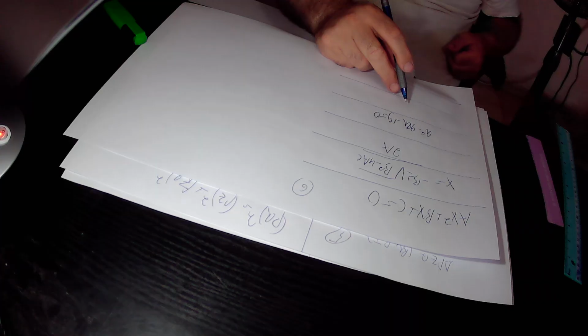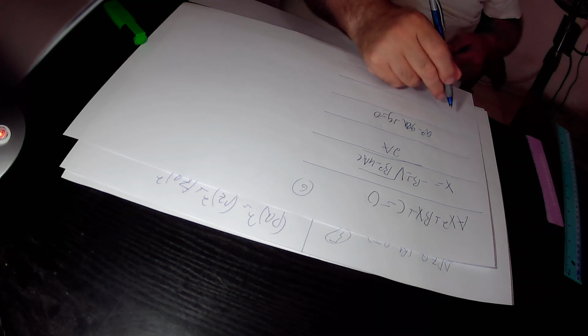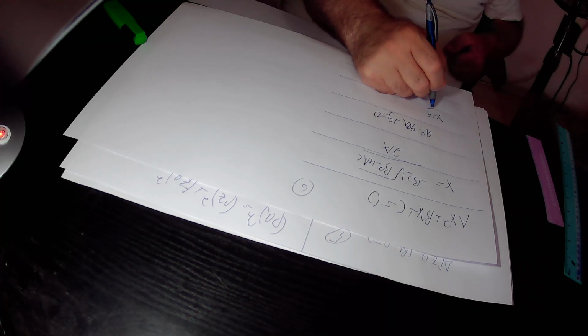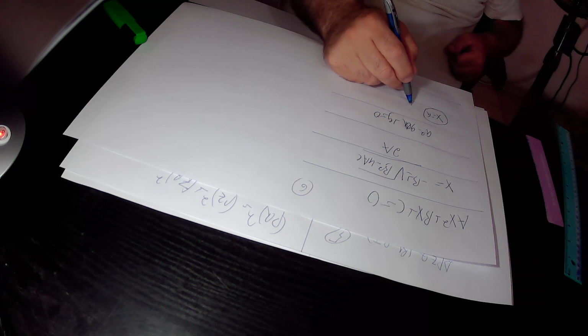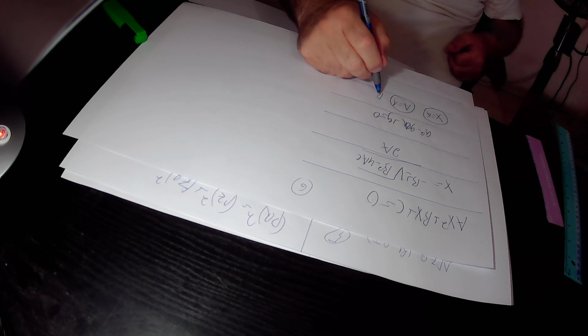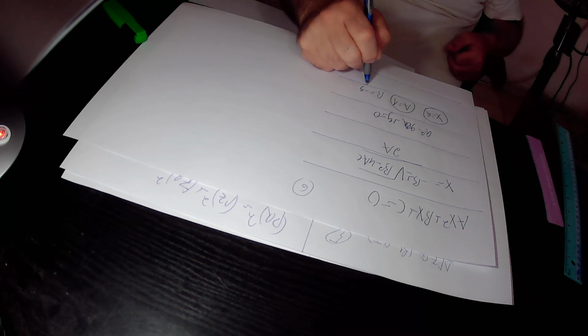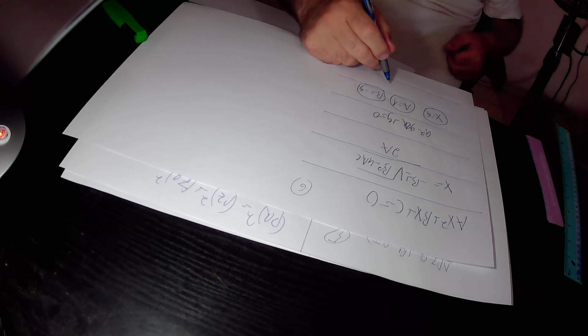The variable that we are looking for in this specific quadratic equation is a, so x equals a. The coefficient a equals 1. The coefficient b equals minus 9, and the coefficient c equals 9.